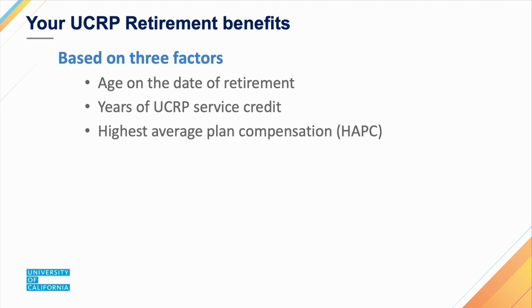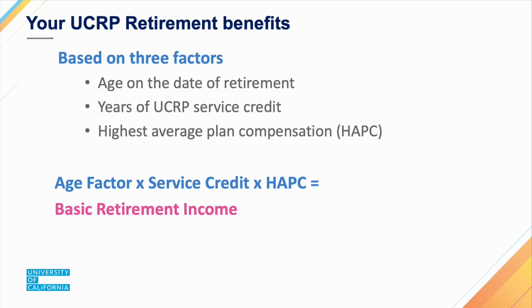Now again, this is a simple formula. Your age factor at retirement multiplied by your service credit multiplied by your HAPC will equal your basic retirement income. Now, understanding these factors will help you in deciding when it's the right time to retire, and also to help you maximize your benefits from UCRP.